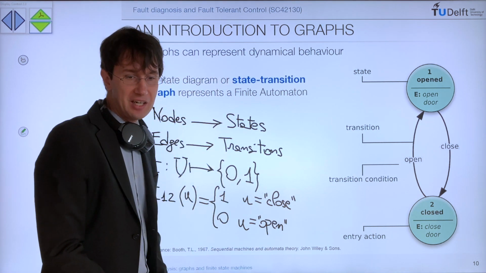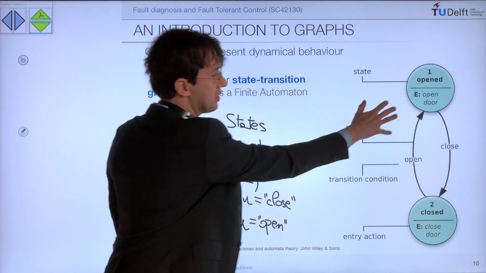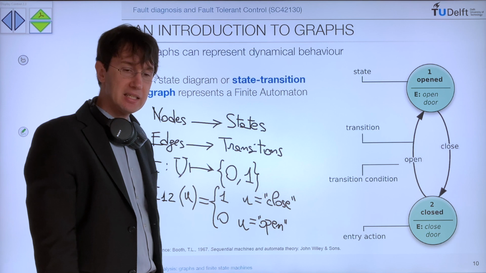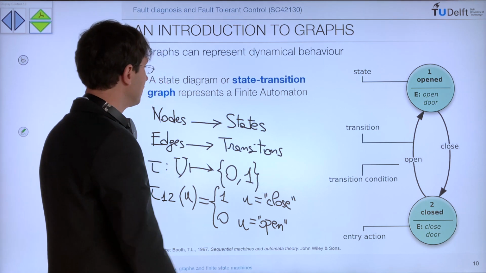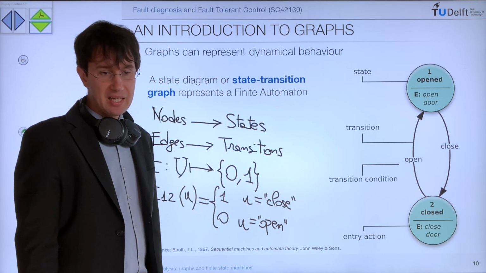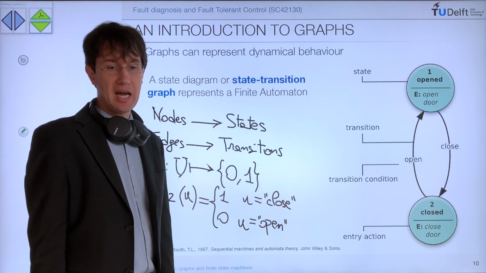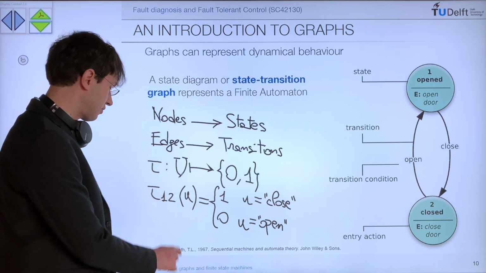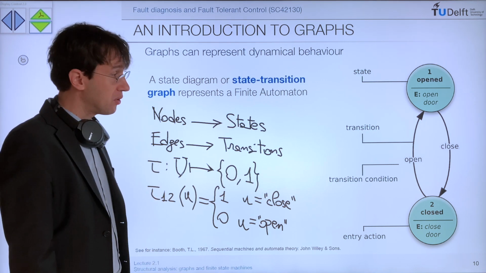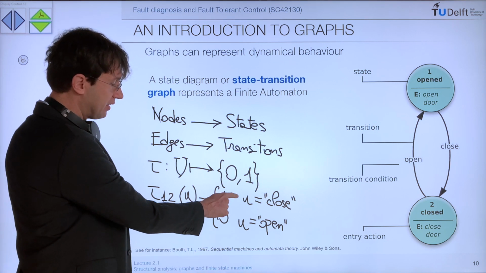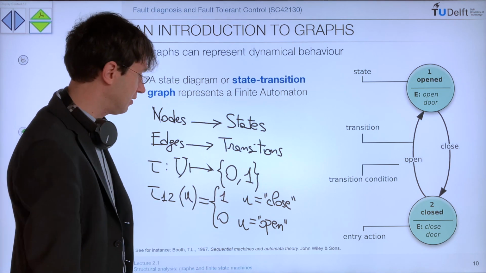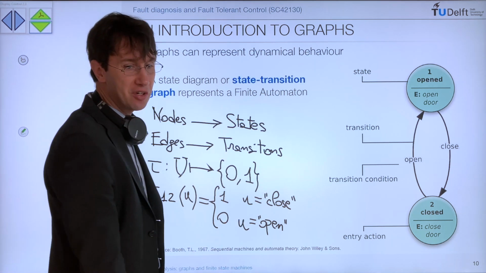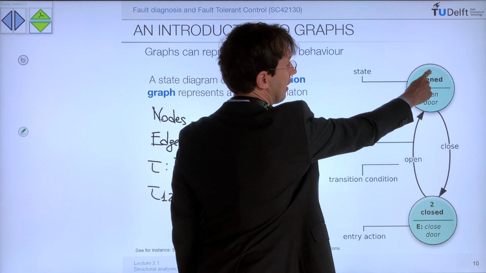So here we are encoding the fact that somebody is telling you to open or close the door by saying my finite state machine or finite automaton has an input, and this input can either be open or close. And in this example, a transition from state 1 to 2 is going to occur when the command is close, but it is not going to occur if the command is open. That is, if the command is open and if I am here, I will stay here.